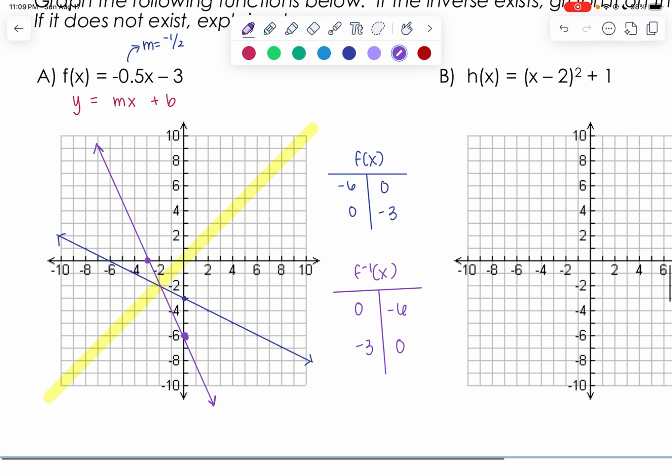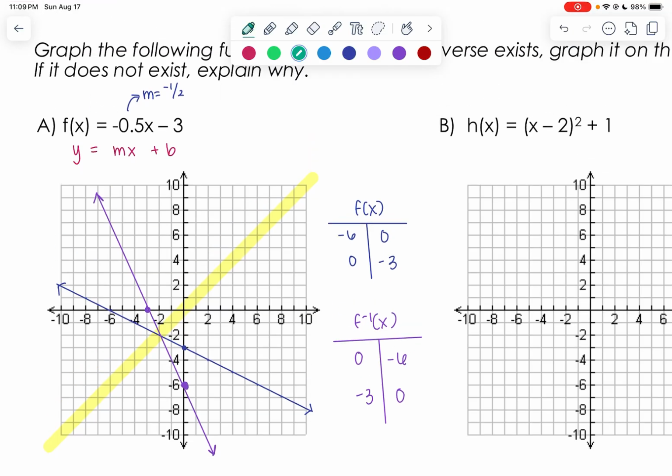I can clearly see here that both of these are functions. So it's existing. I'm going to leave it on my graph, and I could say that this is 1-to-1 if I wanted to.